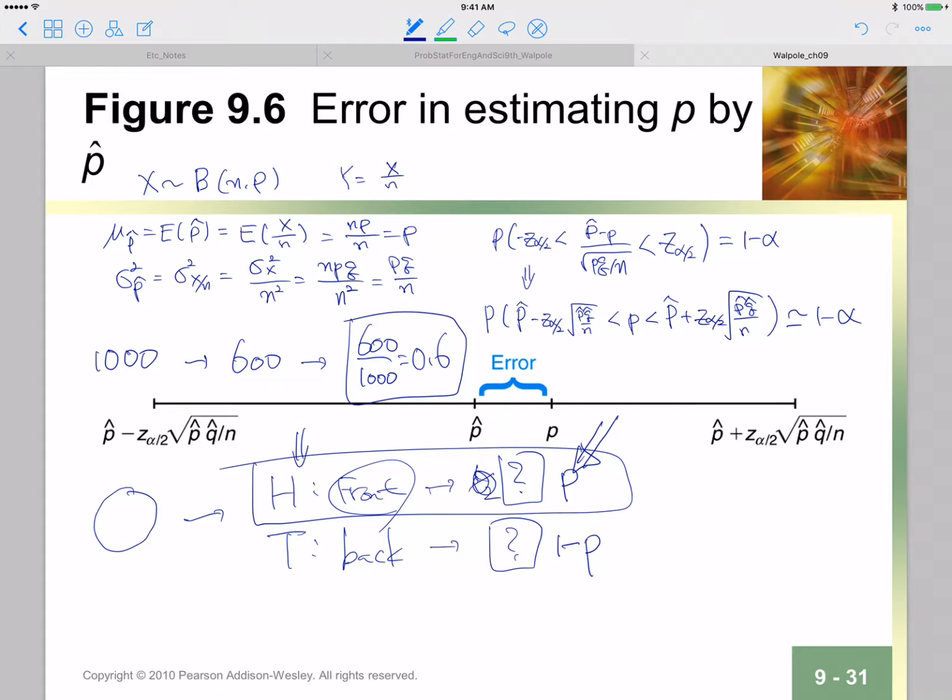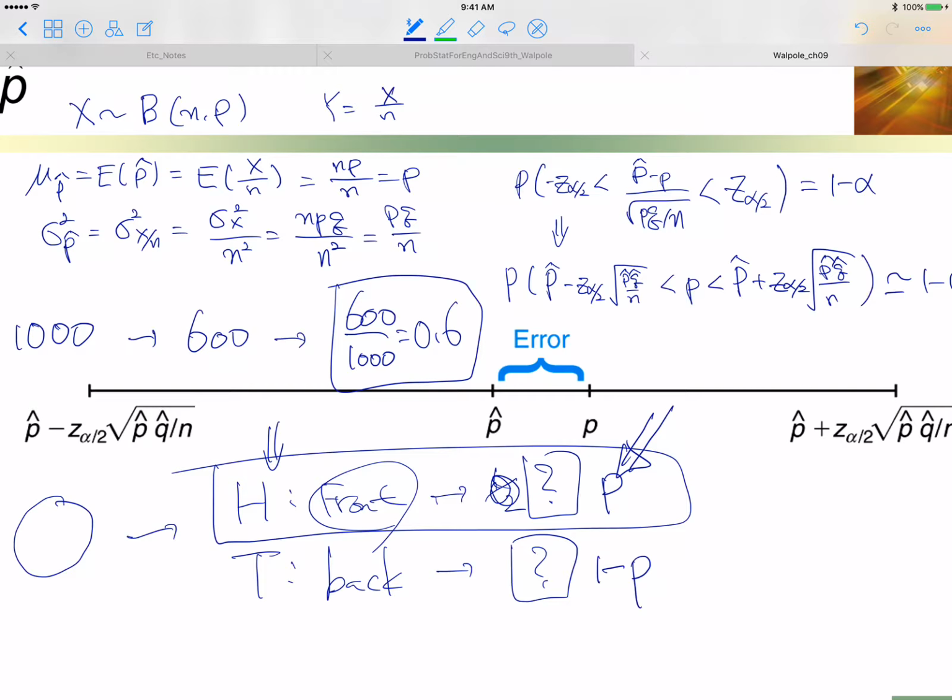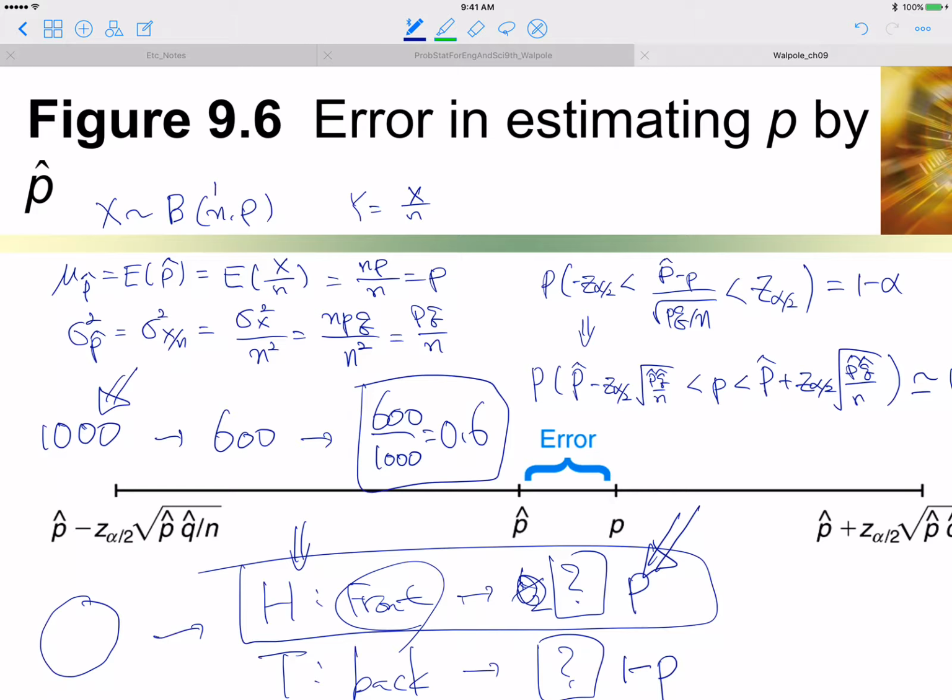Let's think about this case from the perspective of a binomial random variable. This repetitive trial is exactly one instance of a binomial random variable where we have the parameter n as 1000 and p is still unknown.